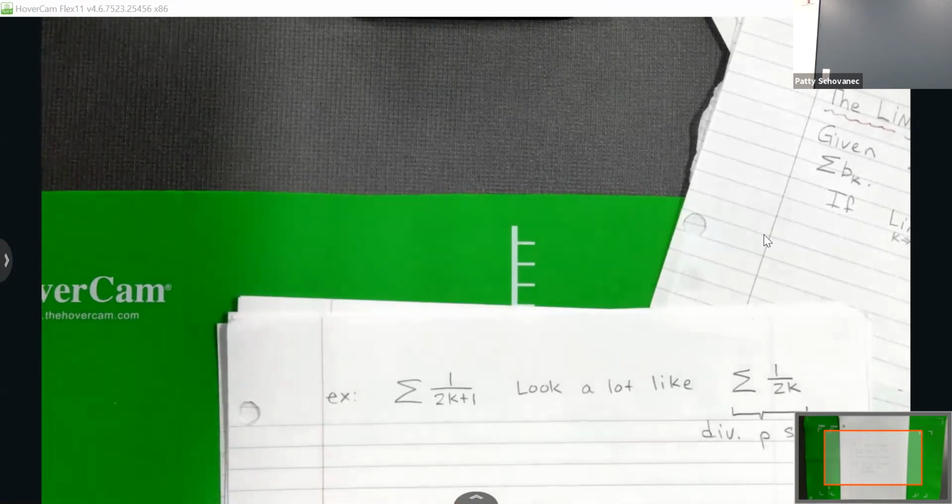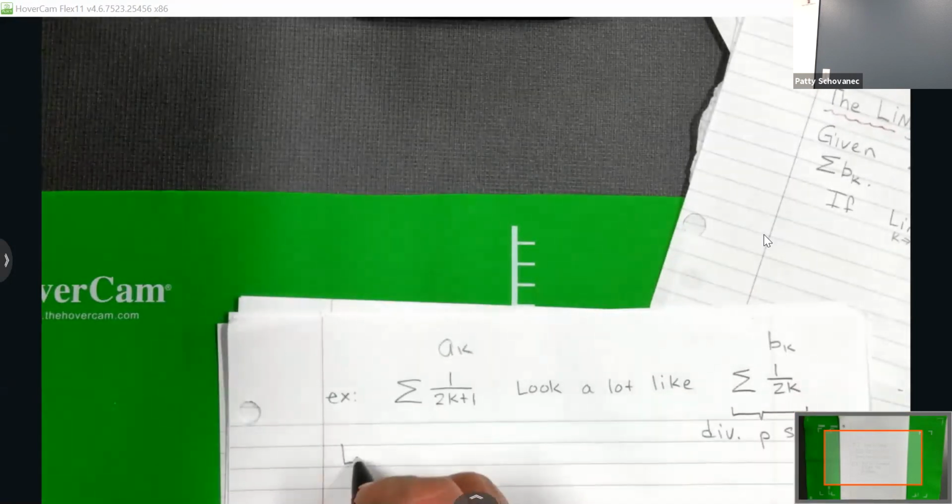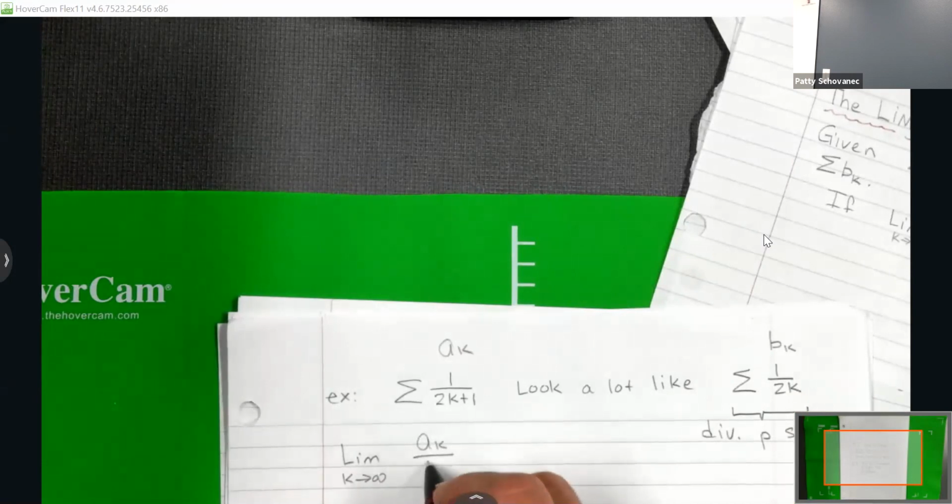P is equal to 1, the power on the k. Now let's not worry about size. These are the AKs. These are the BKs. We take the limit as k goes to infinity of the AKs divided by the BKs.